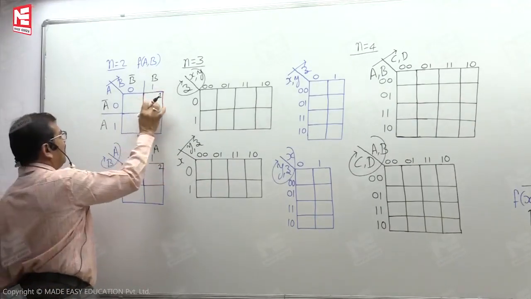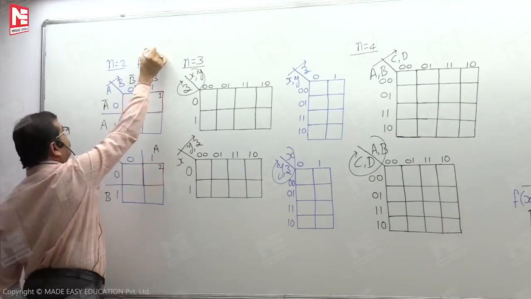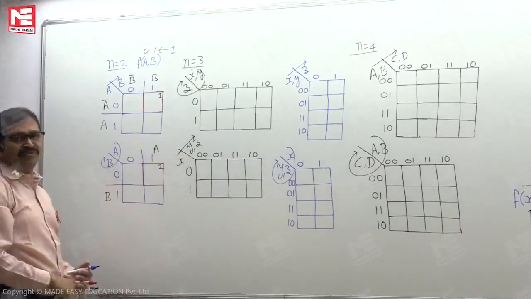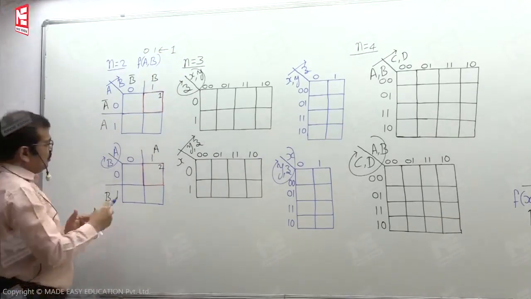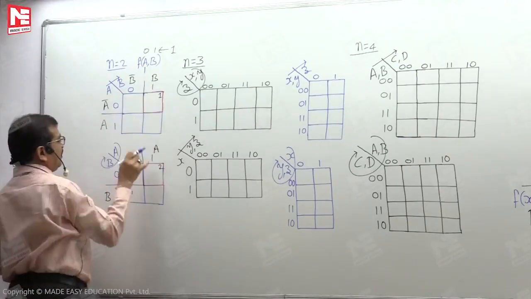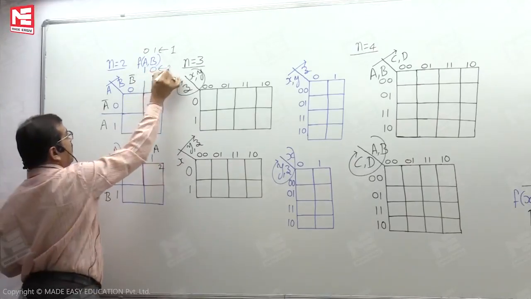For this cell, A value is 0 and B value is 1. The equivalent decimal number is 1. So the cell number is 1. Coming to this, here A value is 1, B value is 0. So the equivalent decimal number is 2.